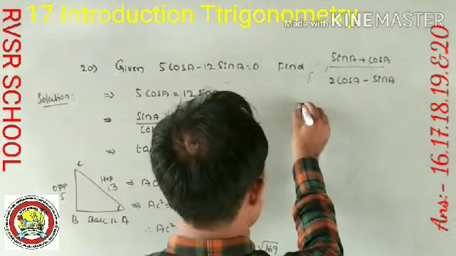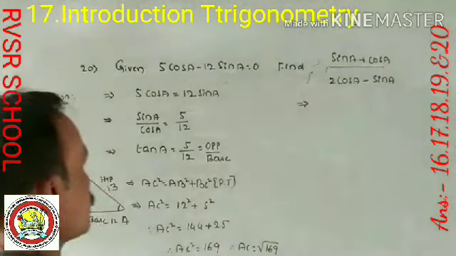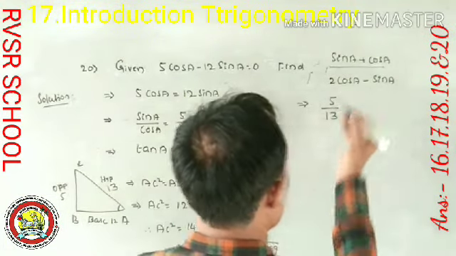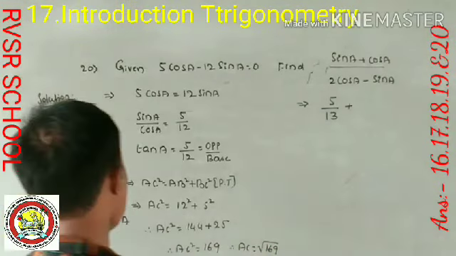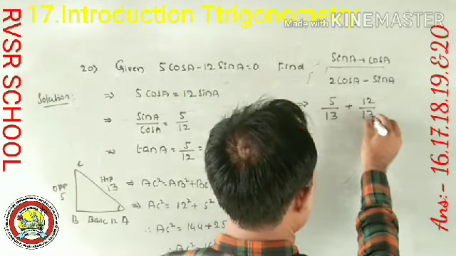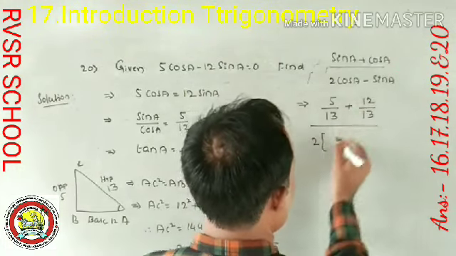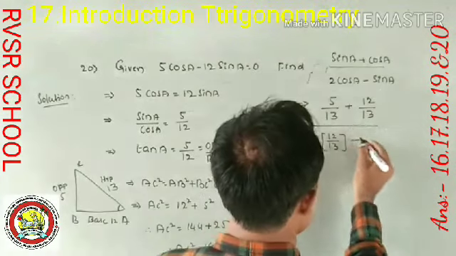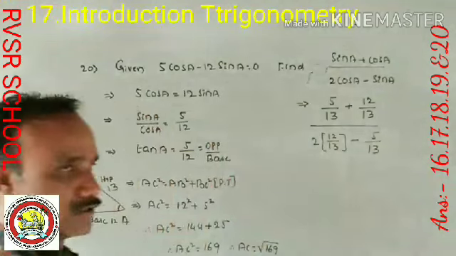Now, consider the given question. Sin A, that is opposite by hypotenuse. Directly I will substitute 5 by 13, plus cos A, base by hypotenuse, that is 12 by 13, divided by 2 into cos A, that is 12 by 13, minus sin A, that is 5 by 13.